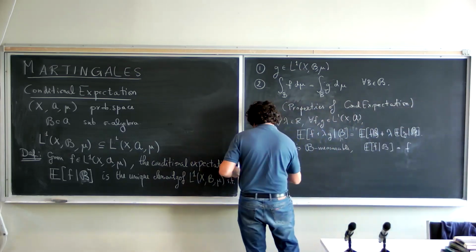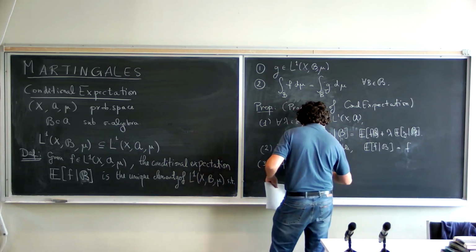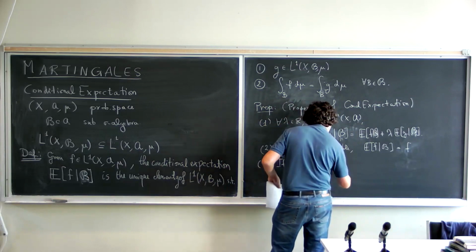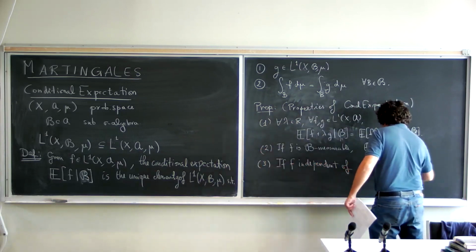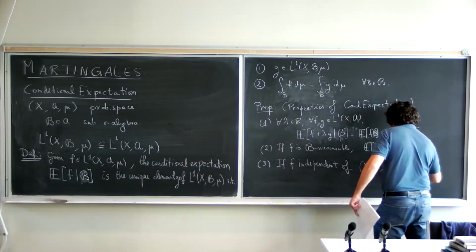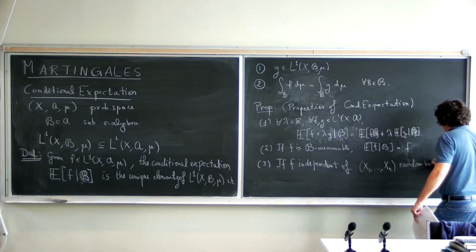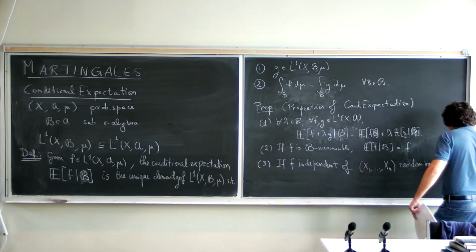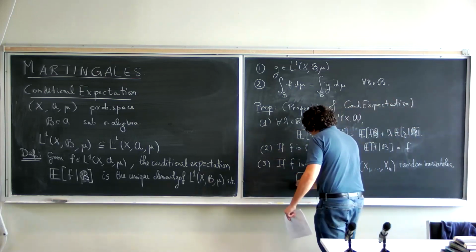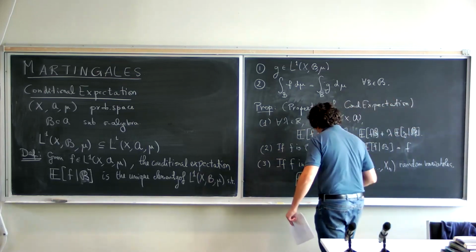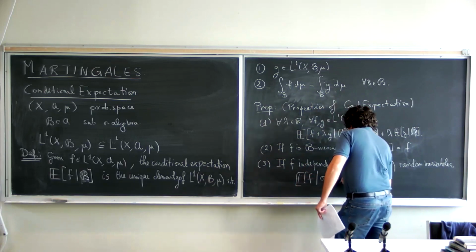The second thing is if f is independent of the random variables x1, ..., xn. You take any random variables defined on the same space. What is the conditional expectation of f given the sigma algebra generated by x1, ..., xn?